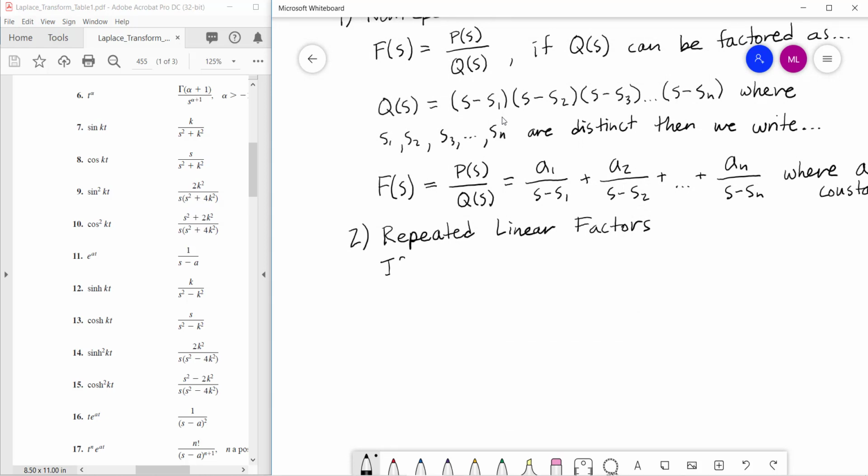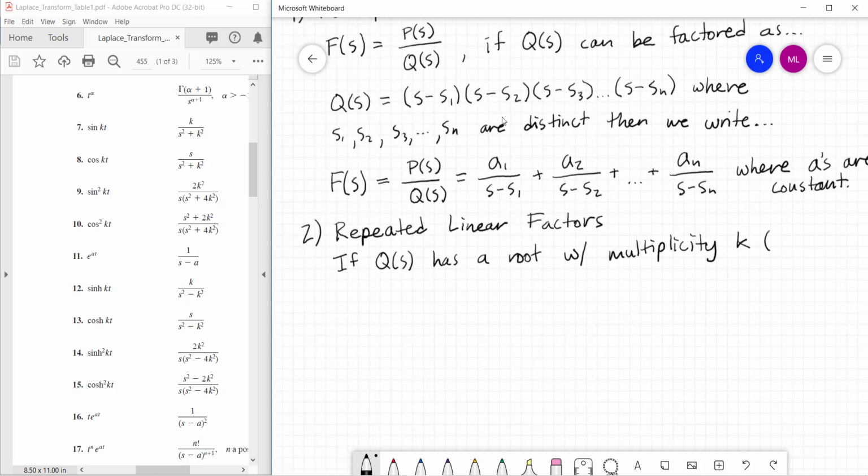So if q of s has a root with multiplicity greater than 1, multiplicity of, let's just say k. So k is greater than 1.